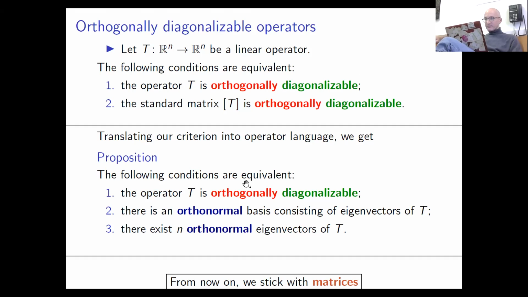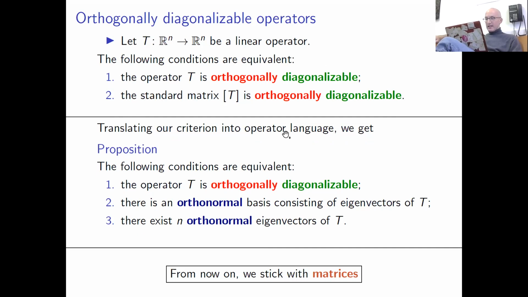Because of this, I decided to continue using only the language of matrices. Maybe this is not a very wise decision, but it's very transparent, and I think it's less abstract than the language of linear operators. Of course, the proofs are essentially the same because these are just two different languages. Okay, first let me consider some example.